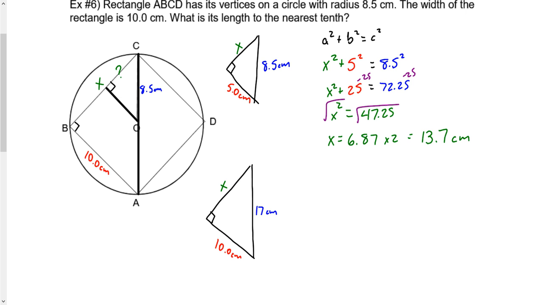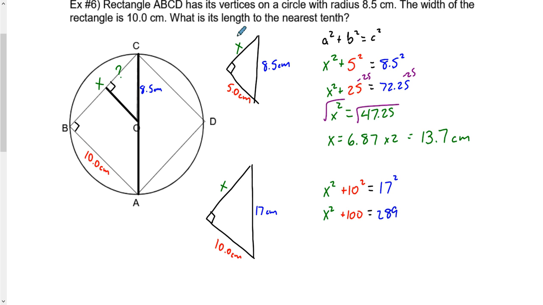And then we can find out what that is. So we use the same properties, using the Pythagorean theorem, x squared adding the 10 squared equaling 17 squared. So x squared, add 100, 17 squared should be 289, if I'm doing my math in my head right.